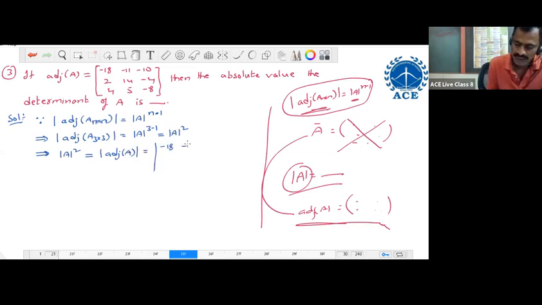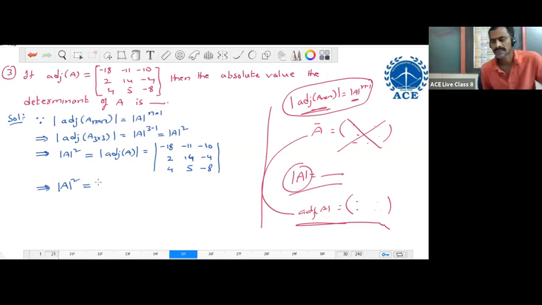Minus 18, minus 11, minus 10, 2, 14, minus 4, 4, 5, minus 8. Now find the determinant of this, which implies determinant of A square equals. Now what is the value of the determinant of adjoint?